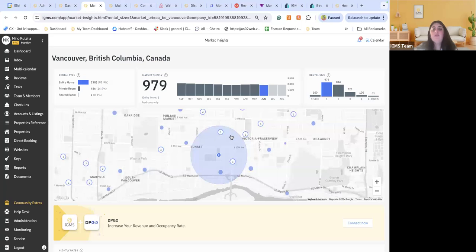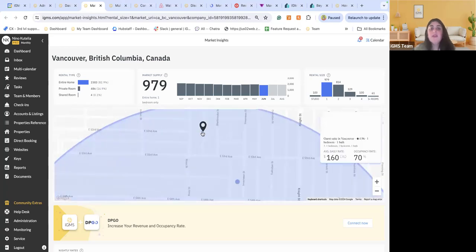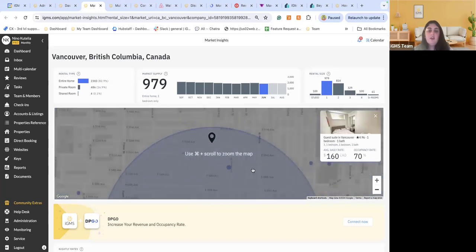So let's say this is my competitors' area. I will just click one of the dots here, and it will show me my competitors, their average daily rate, and their occupancy rate as well. As you can see, this specific listing's average daily rate is 160 Canadian dollars, and their occupancy rate is 70%. And let's check my listing.